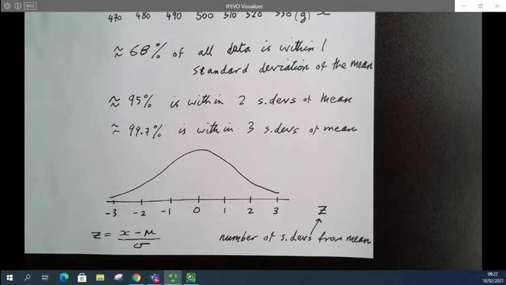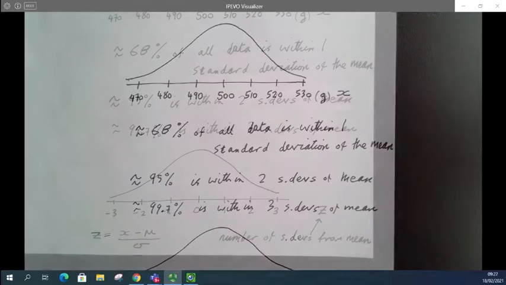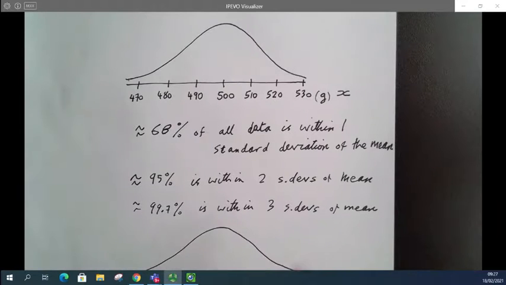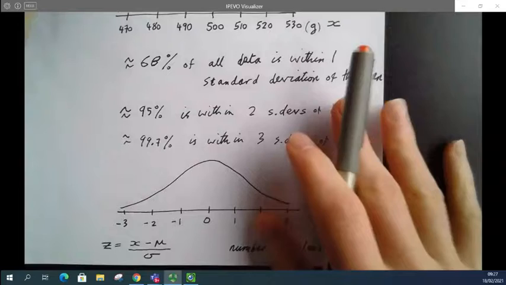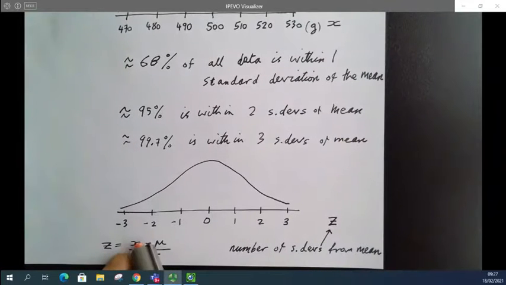Okay, so that's your standardizing formula. Okay, I think I will just pause the video now. Okay, so we have a standardizing formula which allows us to find a z-score, a z value for any x value.